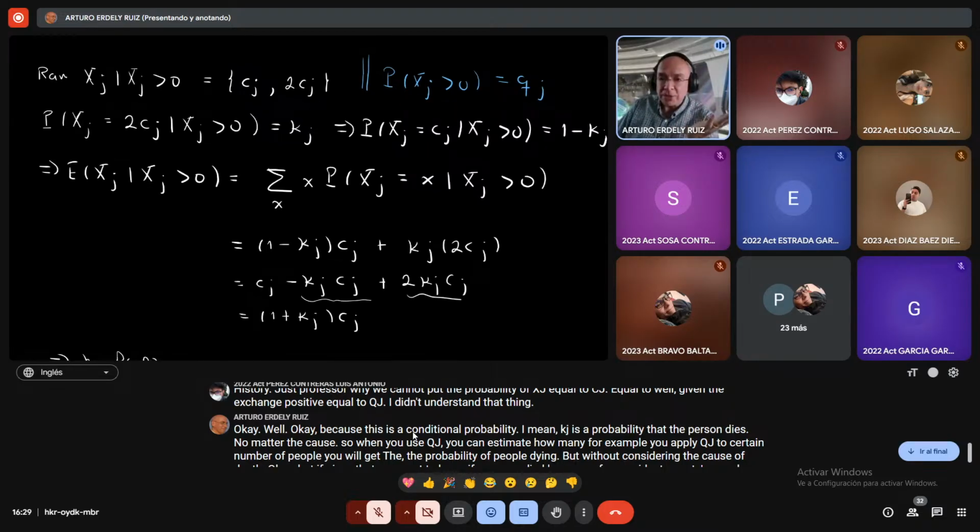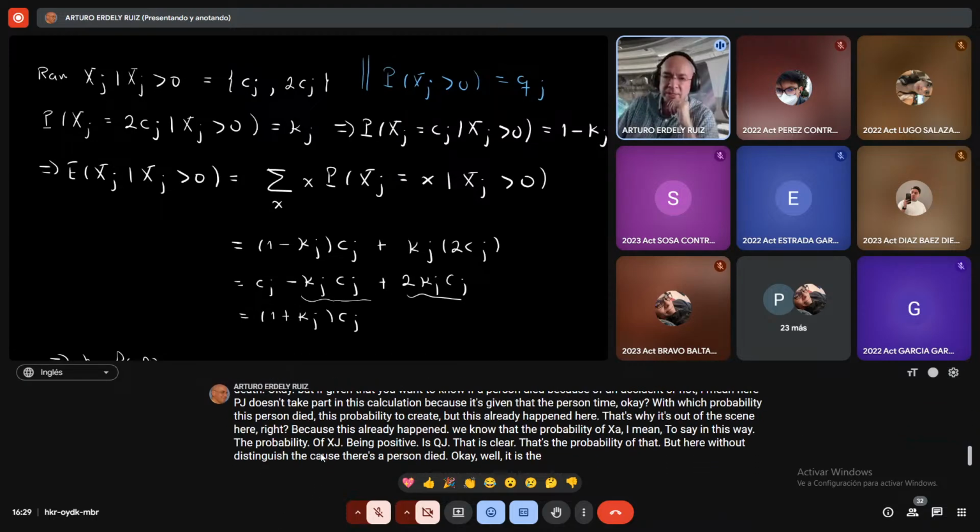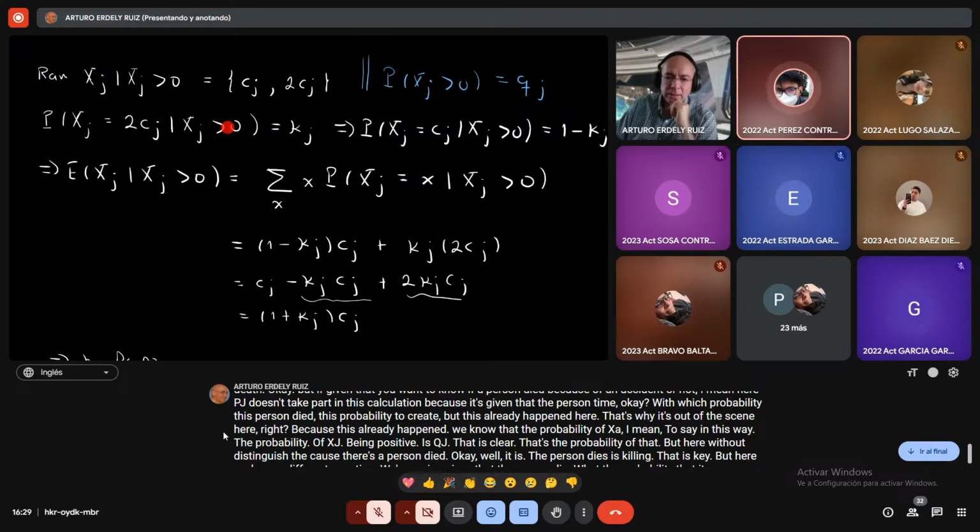But here we don't distinguish the cause. The probability that the person dies is qj. But here we have a different question. We're saying, given that the person died, what's the probability that it was because of an accident? Is it clear now? What is qj? Yes, Professor, thanks. Perfect. You're welcome.